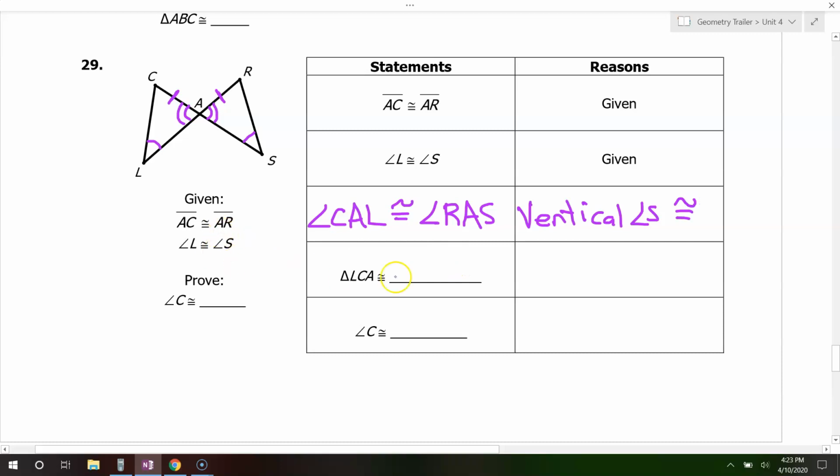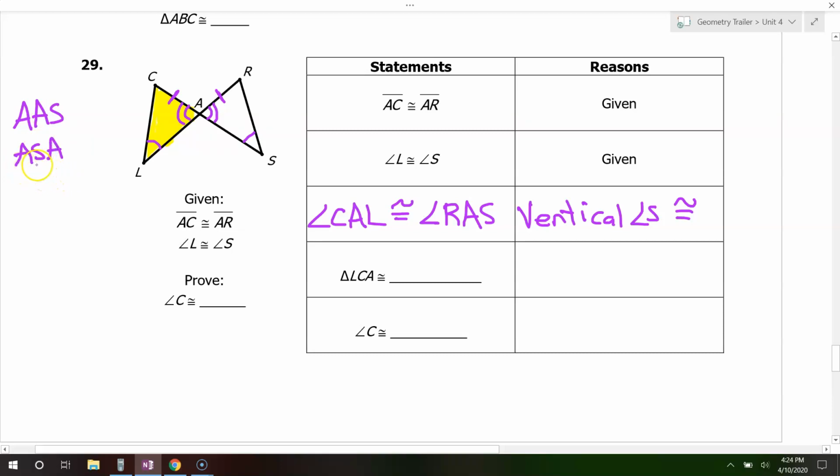Now it's time to prove that the triangles are congruent. Look at one triangle at a time. So, for example, look at this yellow triangle here. What do we have marked? We have two angles and a side. So that means this will either be angle, angle, side, or it'll be angle, side, angle.